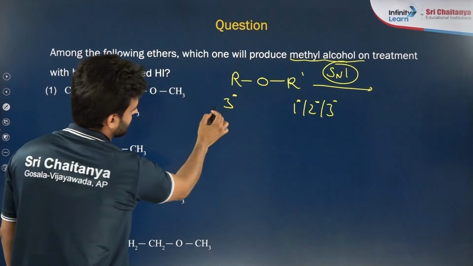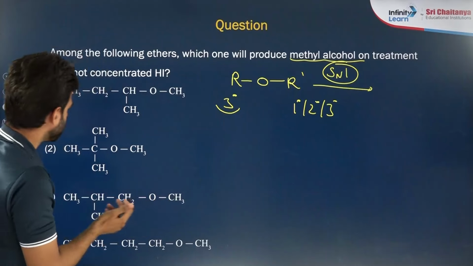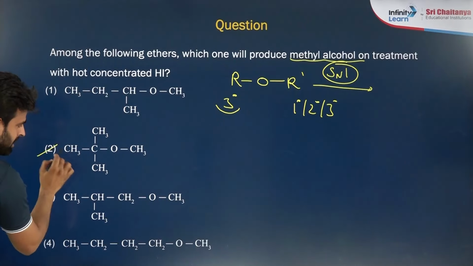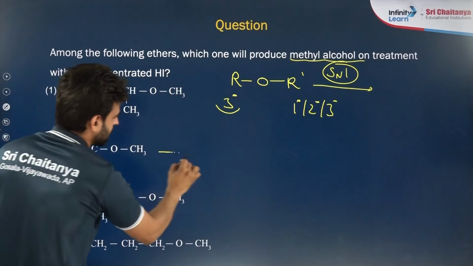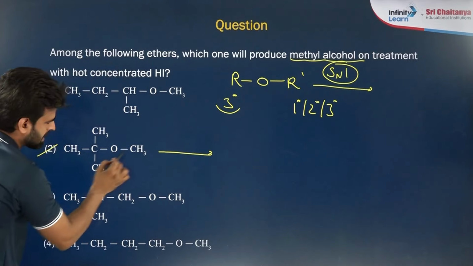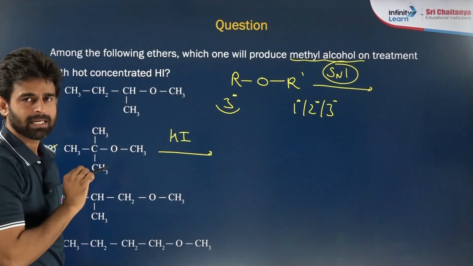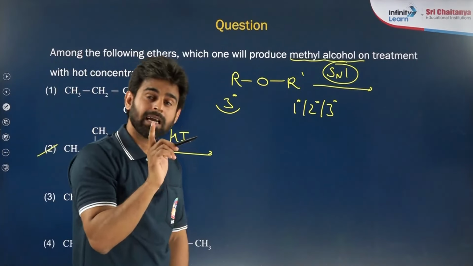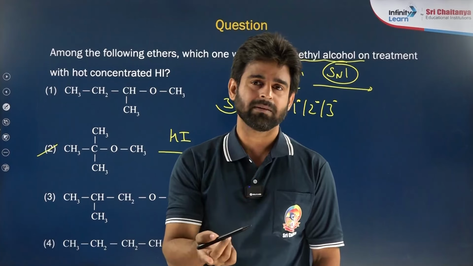So we have to break the bond from where CH3 is having O. As I said, tertiary is required mainly for SN1 mechanism. So in this case, if you see carefully, we have a tertiary carbon. The tertiary carbon will follow which mechanism? SN1, right? In SN1, we will make a carbocation, and we have to make a carbocation which is more stable, right?